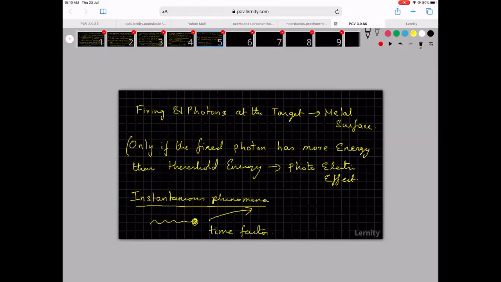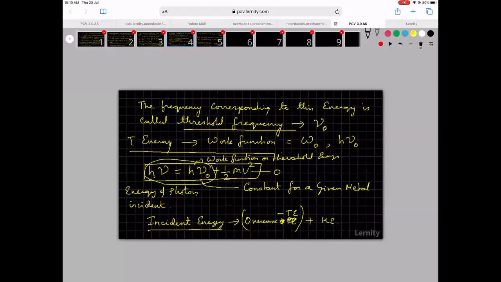One photon can have one interaction, and in that it transfers its energy to the electron. A part of that energy goes towards overcoming the total energy, and the other part becomes half mv squared.